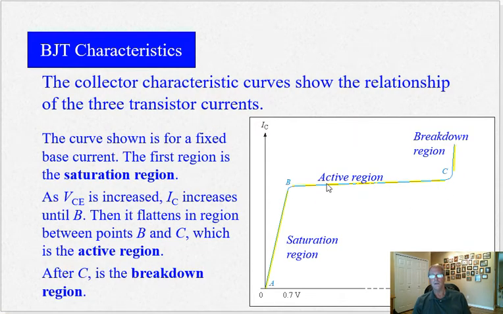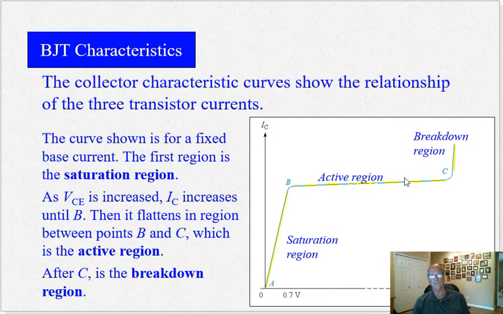So this is a curve showing the relationship between the collector current and the collector-emitter voltage. So it's basically a resistor, a current versus a voltage. Now this is at a constant base current, so it's a single characteristic curve.